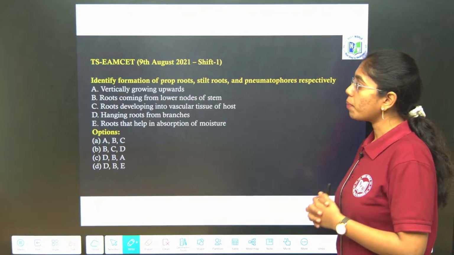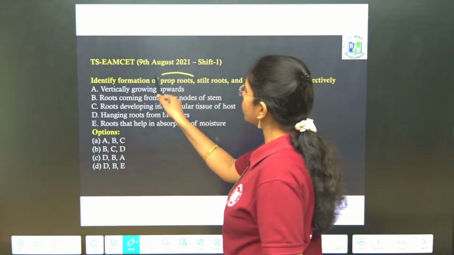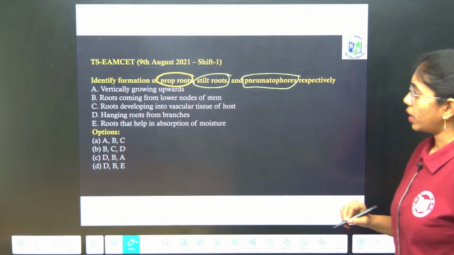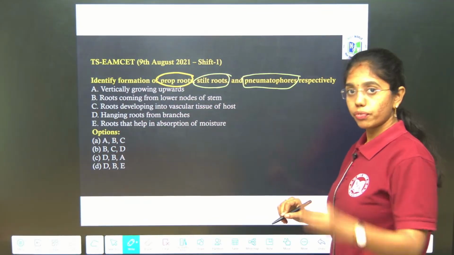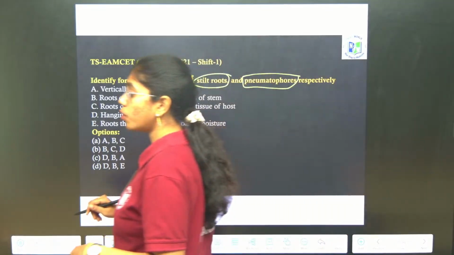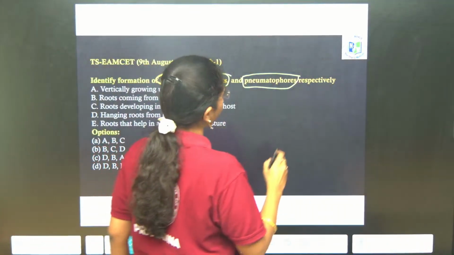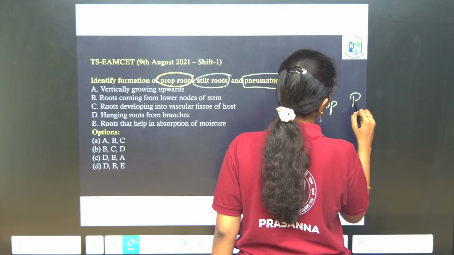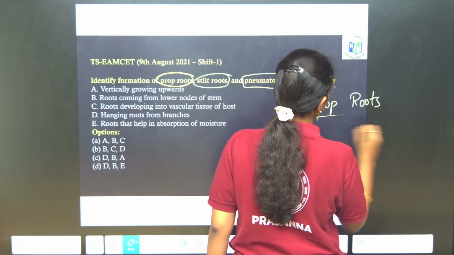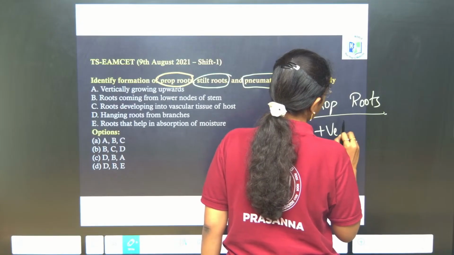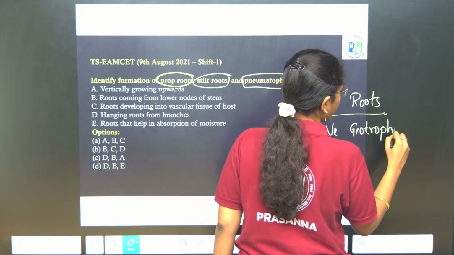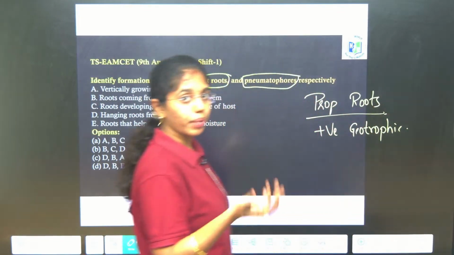Identify formation of prop roots, stilt roots and pneumatophores, respectively. Prop roots grow from branches. Prop roots show what movement? They show positive geotropic movement, and they hang from branches.